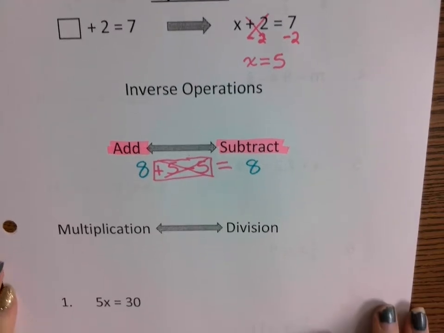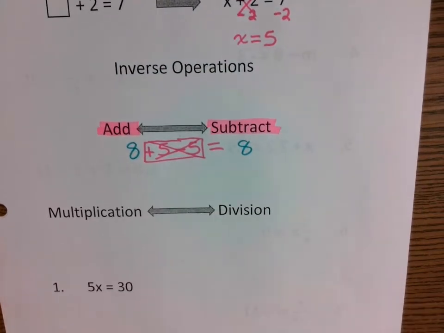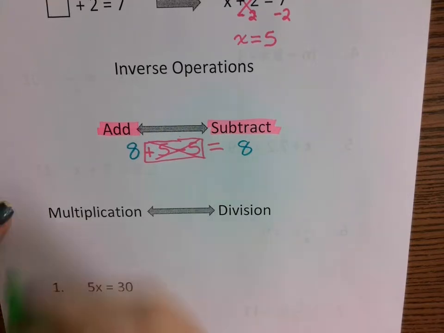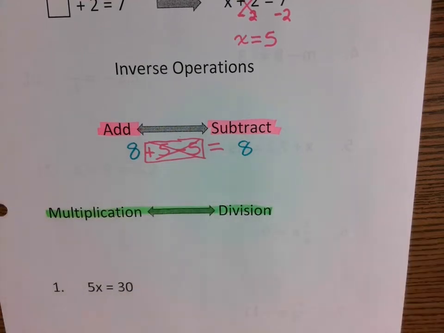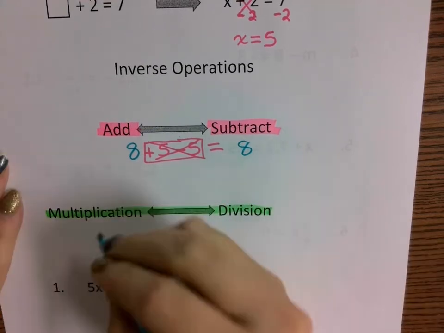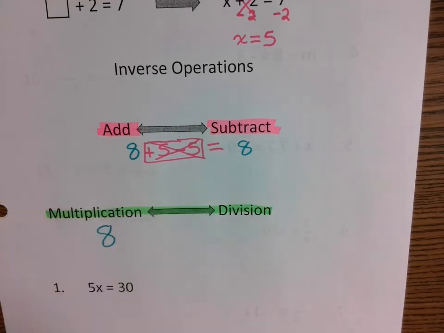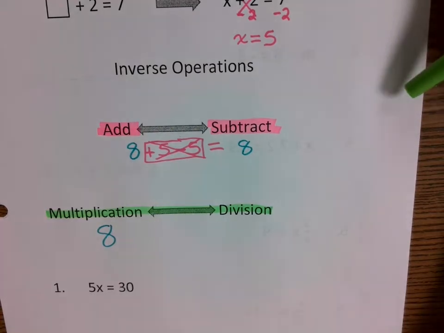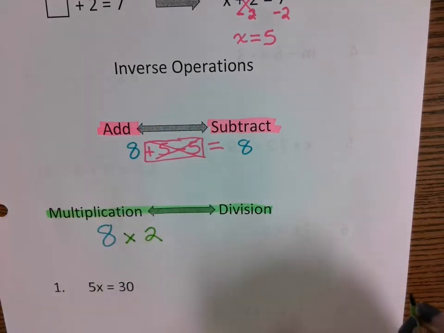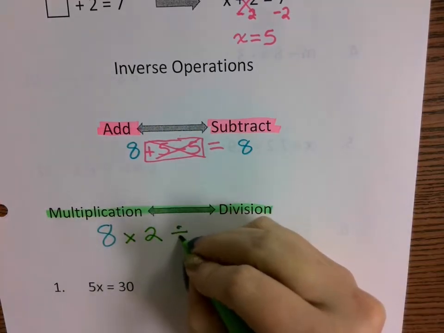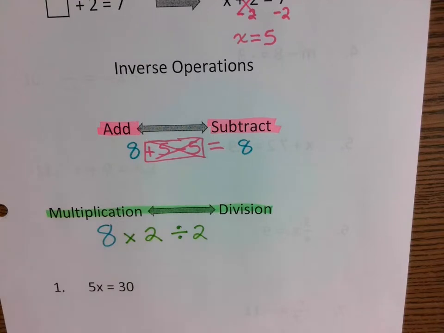Same thing for multiplication and division. Multiplication and division also have an inverse effect, an opposite effect on each other. So if I start with, again, let's say the number 8, and I decide that I'm going to multiply by 2, and then I'm going to divide by 2.